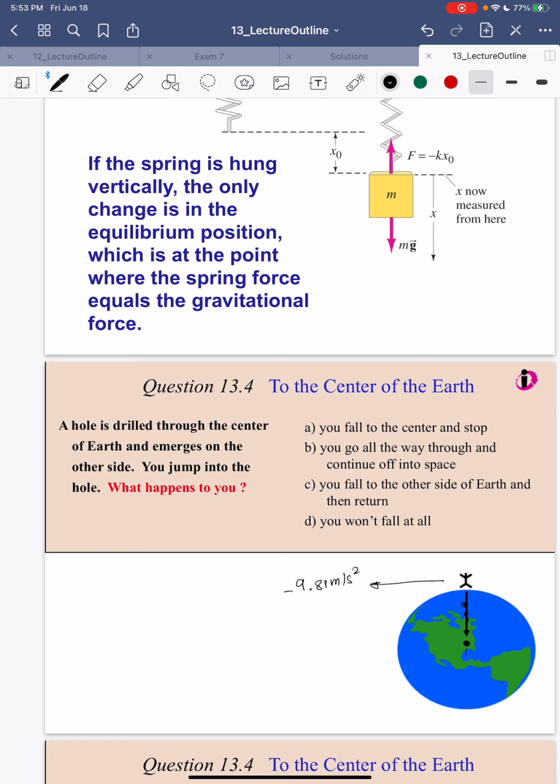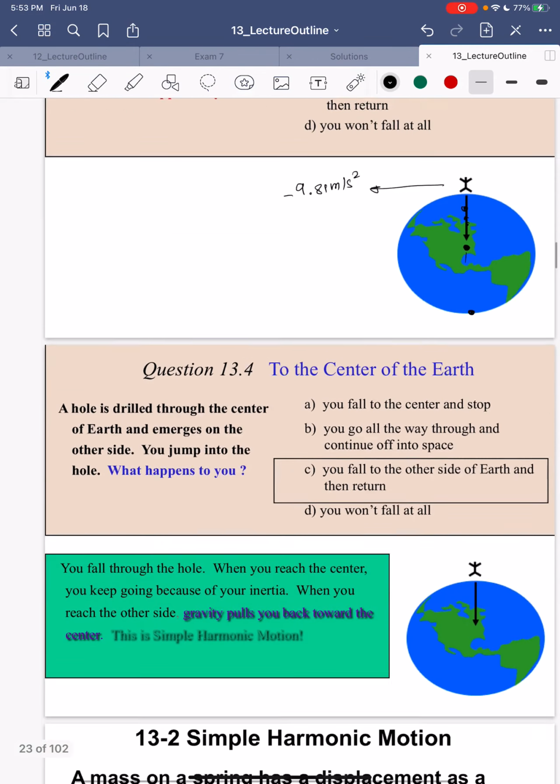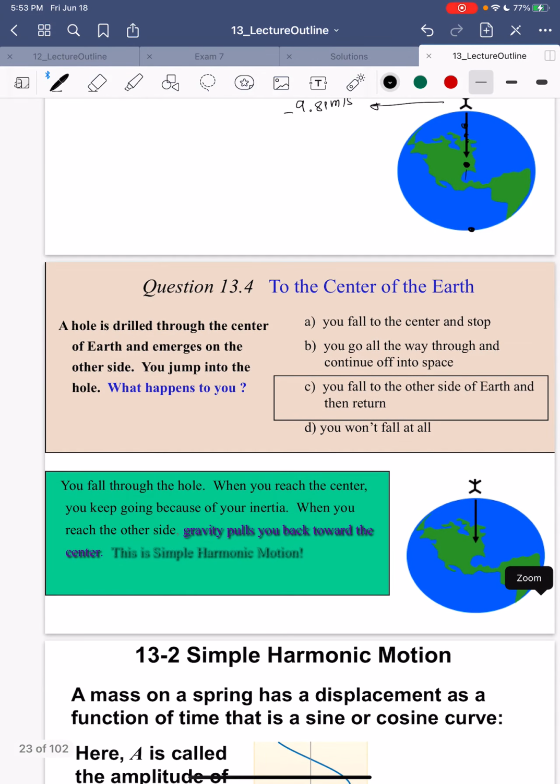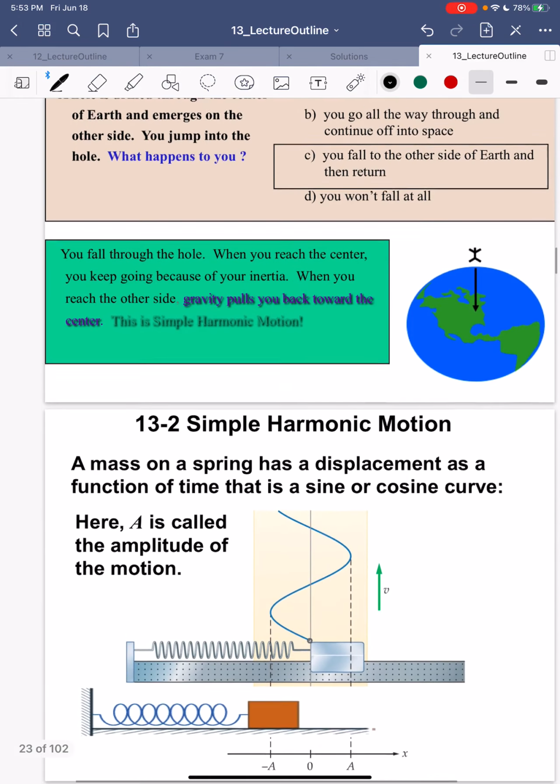Once you are away from the equilibrium point, again you will be attracted to the earth, and the gravitational acceleration is going to increase until it will be 9.8, and then you will go back and forth in simple harmonic motion.